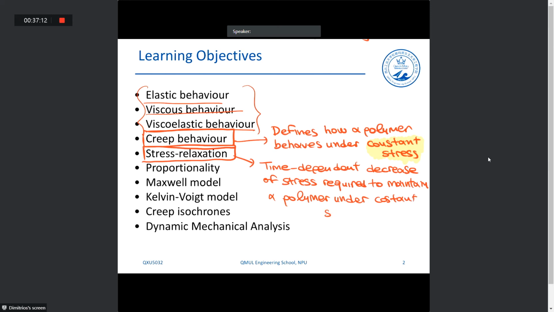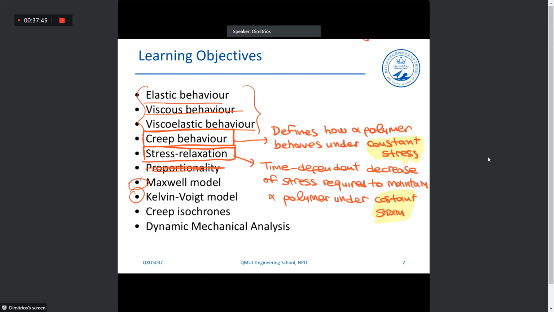Okay, so in this case we have constant strain. In the case of creep, we have constant stress. Here we have constant strain. Okay, we won't be talking about proportionality, but we will be talking about the Maxwell and the Voigt model, which are two models that are very widely used in order to model the creep behavior and the relaxation behavior of a polymer.